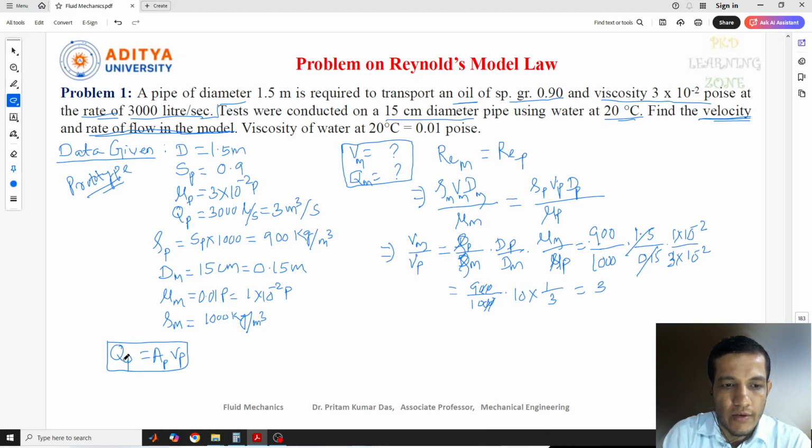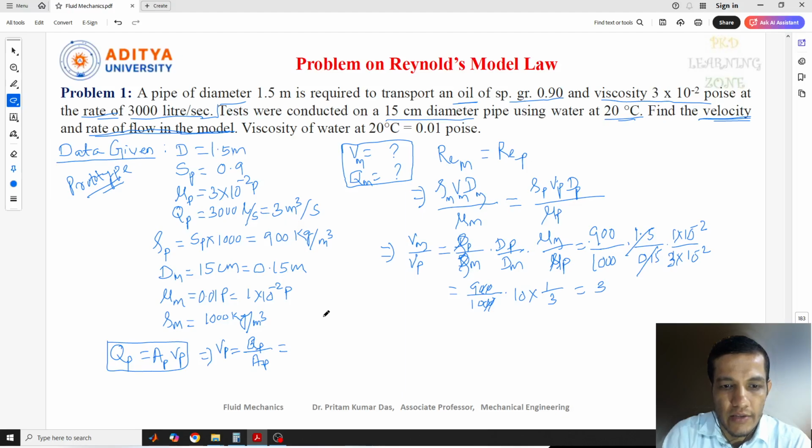So QP equal to AP into VP, because in this ratio I got the value of 3. So now we can find VP equal to Q by AP. So from here we can find out the discharge of the prototype.